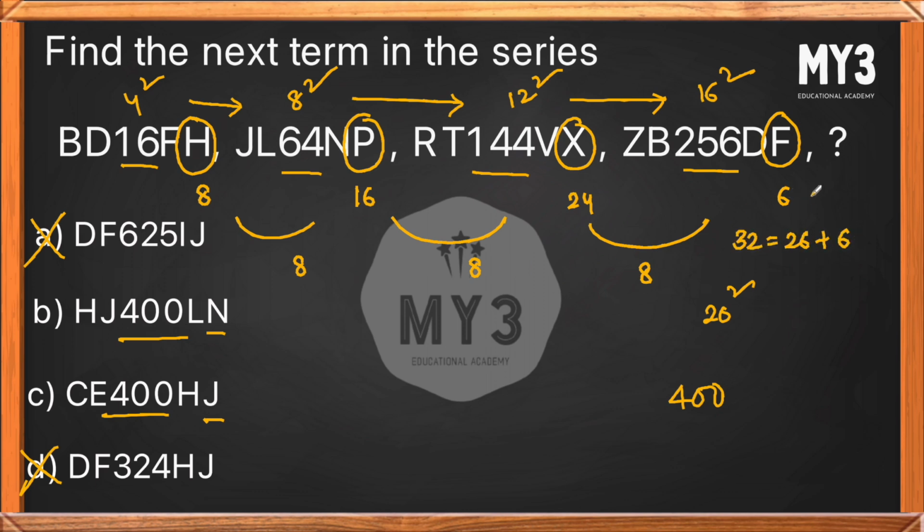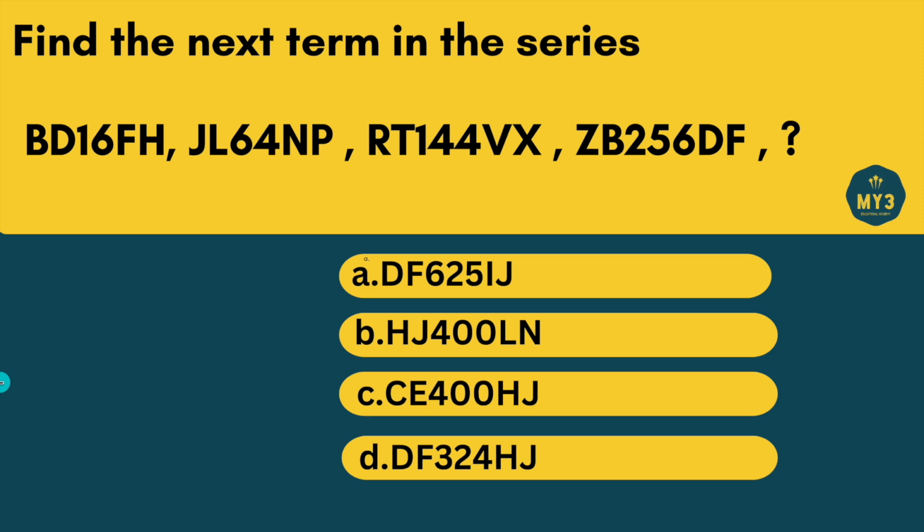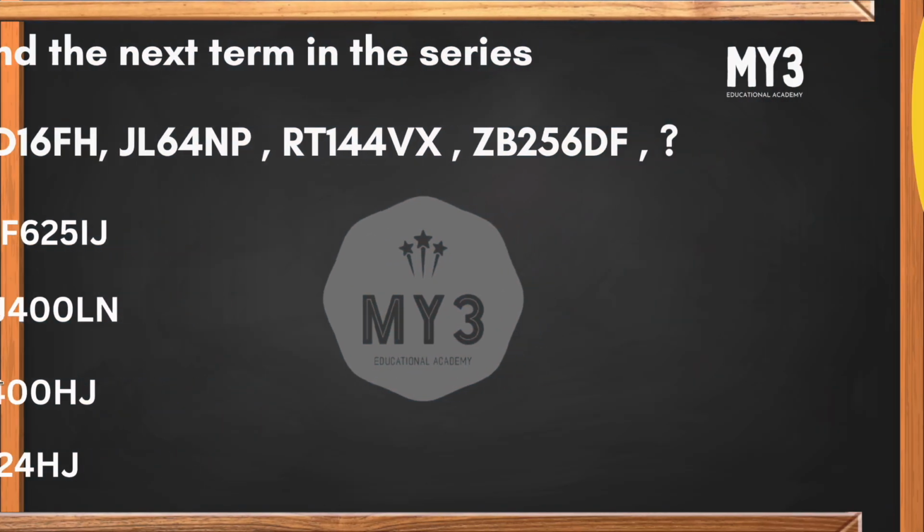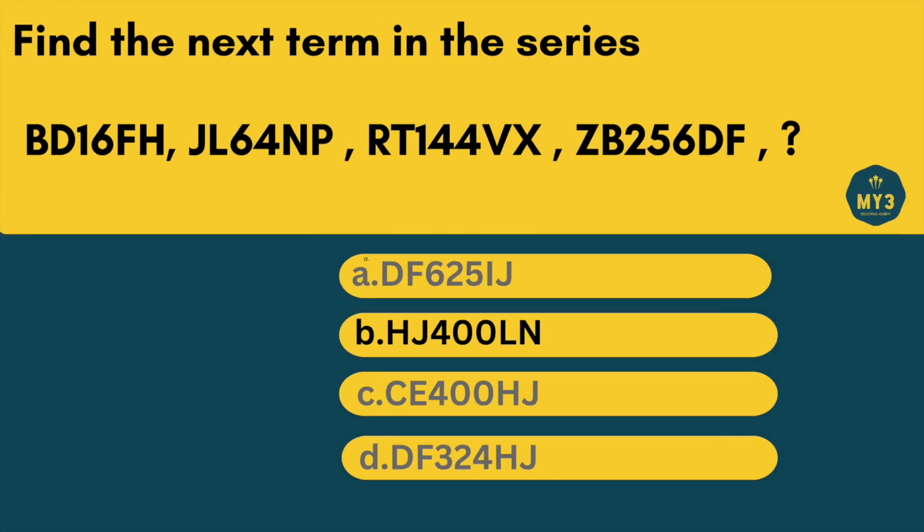So after that, the next term is also going to maintain the same difference of 8. Because we have only 26 alphabets, I am writing 26 plus 6. So 6 plus 8 is equal to 14. 14 means the letter is going to be N. So the alphabet should end with N. So the answer must be this. Eliminate this. So the answer for the question is going to be option B here.